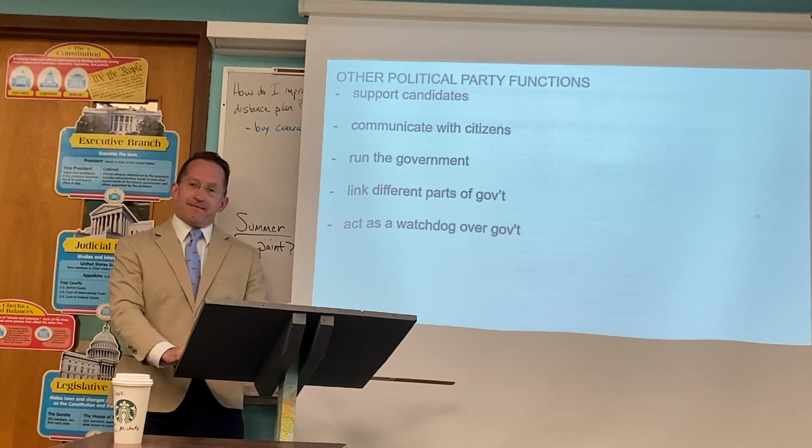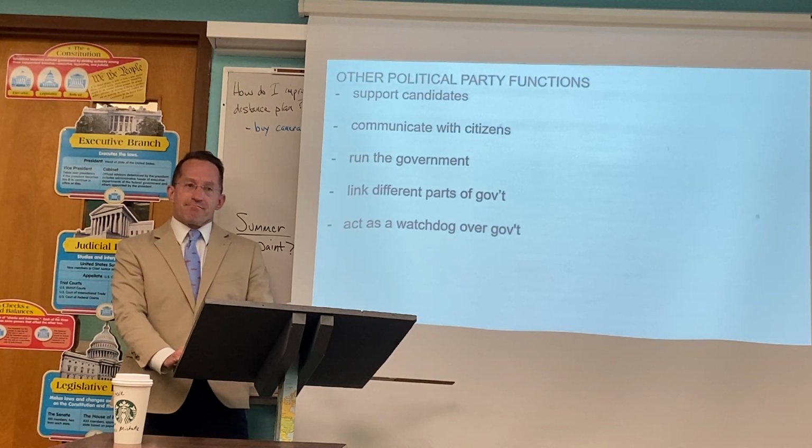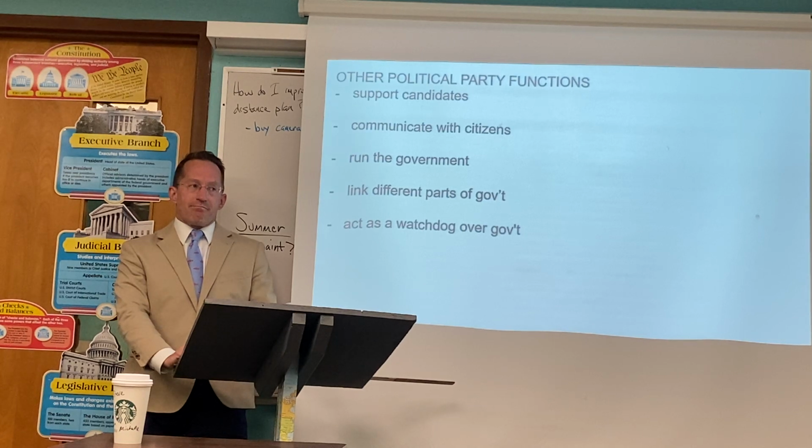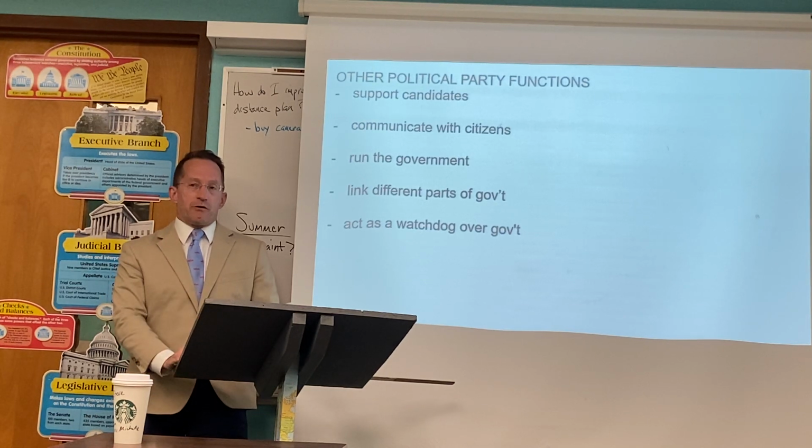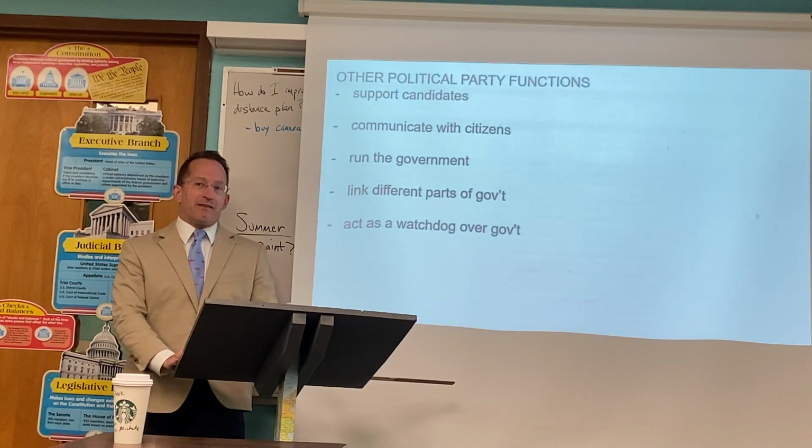Do you ever think that there would be a law made where the Senate has to be equal in the number of parties from both sides? I can't see that. This is the one thing I don't think I'll see in my lifetime, but you may see in yours. A rise of a third or a fourth party. I think the only way that gets fixed is if we have a third or a fourth party. All right?